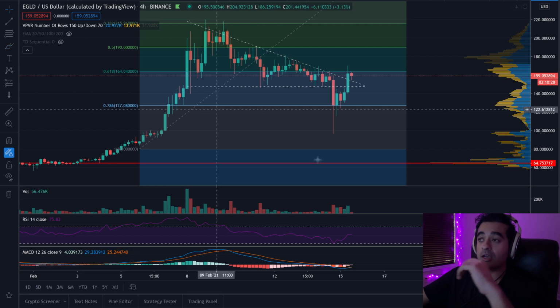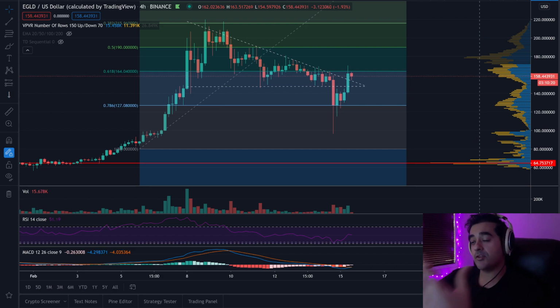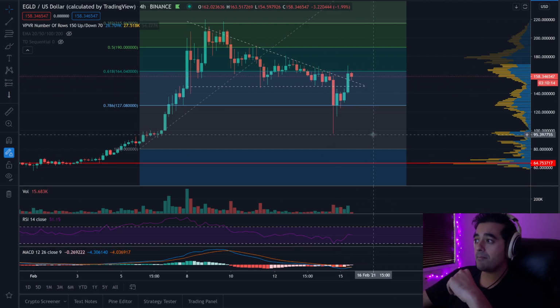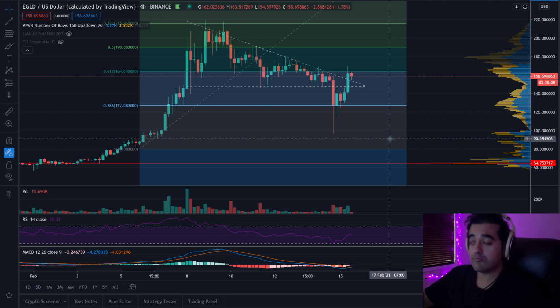Basically, when I did that post on Twitter, I'd given you my downside targets. I said if we do have a correction, we're going to expect support at around 125 to 130, and I'm going to show you here how I came up with those levels. So basically when we had the correction, we went all the way back down to around 100. 98 was the bottom. So if you'd put in an order at like 100, you would have been golden.